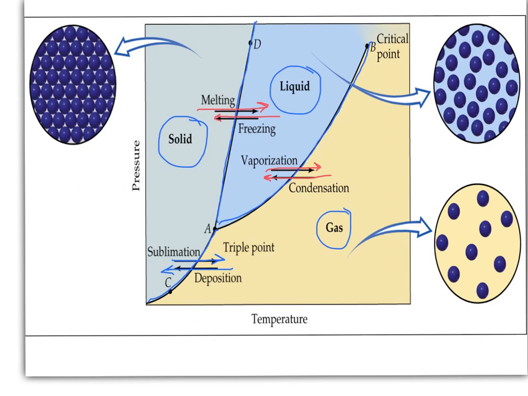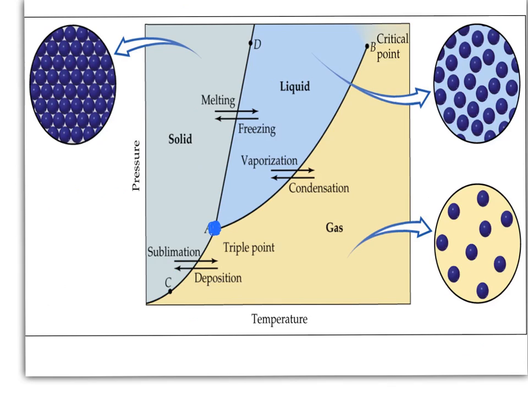All right, now, where these three lines intersect is called the triple point. Notice that there is only one pressure and one temperature designation. I also want to point out the critical point, which is in the upper top portion of the liquid gas line.